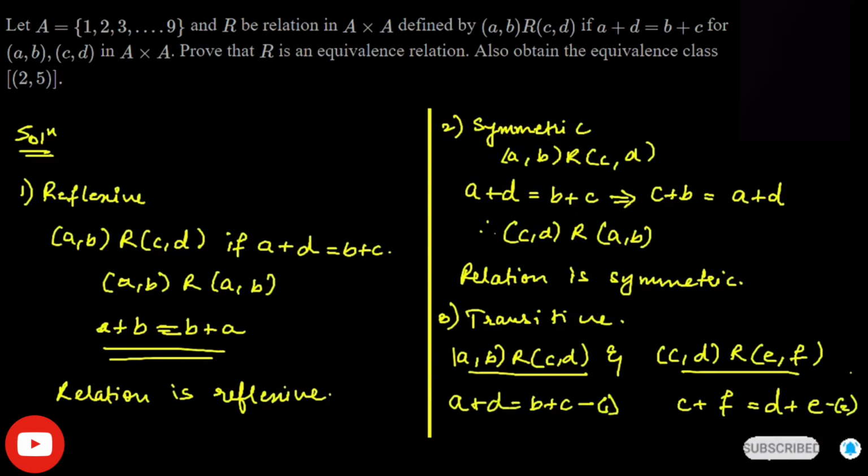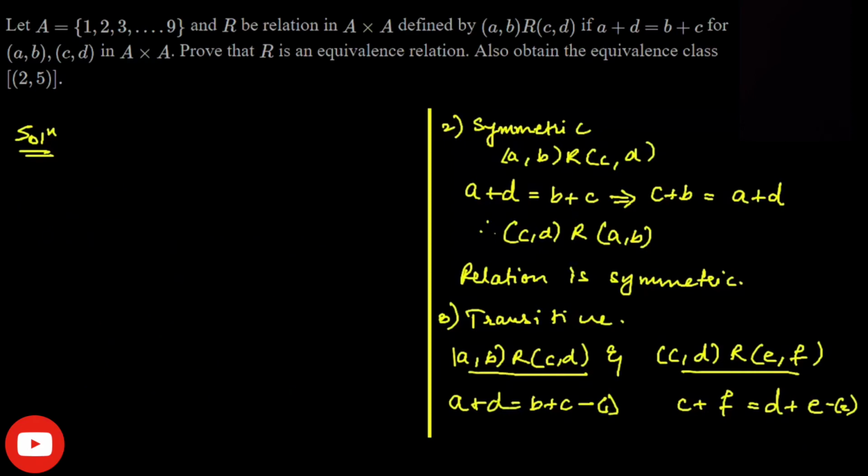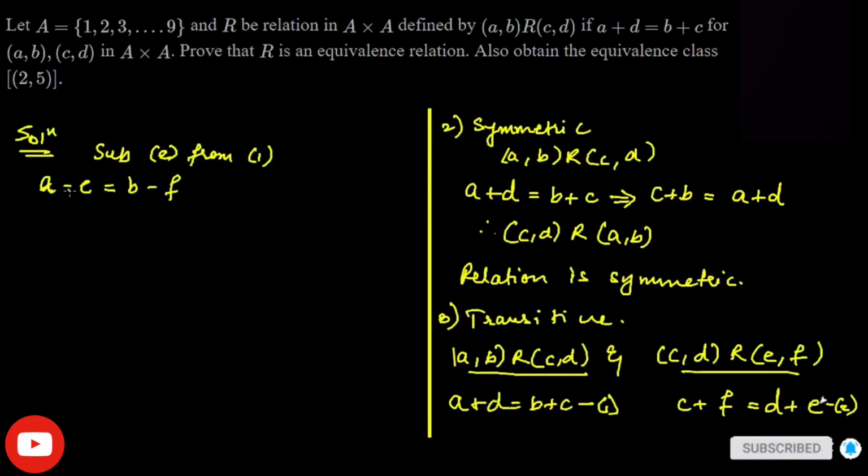Now if I subtract 2 from 1, what I get is a - e is equal to b - f. Taking f on the left hand side, and e on the right hand side, we get a + f is equal to b + e. So this gives us (a, b) is related to (e, f).